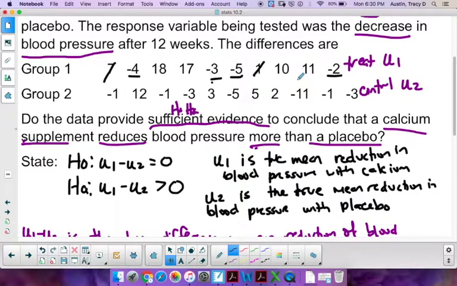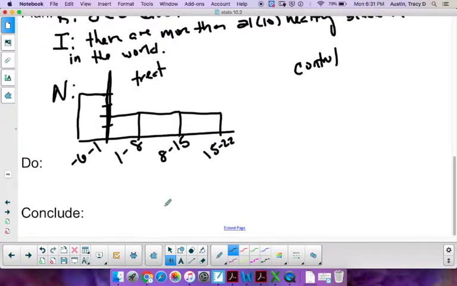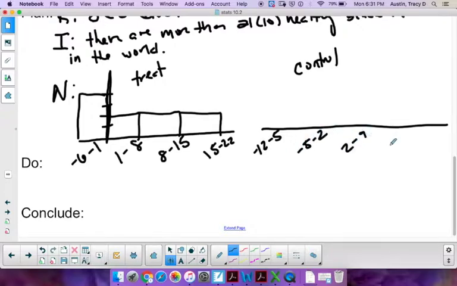And it has to go from negative 12 to 13. All right, so you're just going to have more on the negatives. So that's going to be negative 12 to negative 5, then negative 5 to 2, 2 to 9, 9 to 16, and that should do it, right? Yeah, and then the negative is going to be right about here.